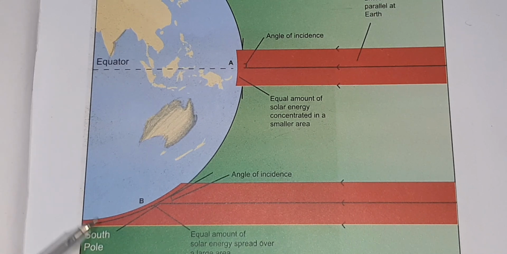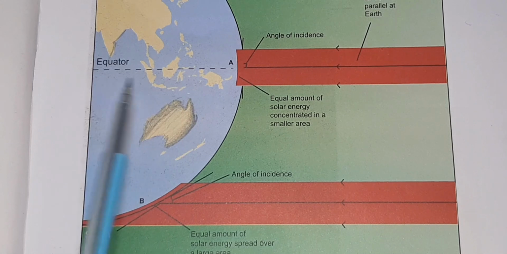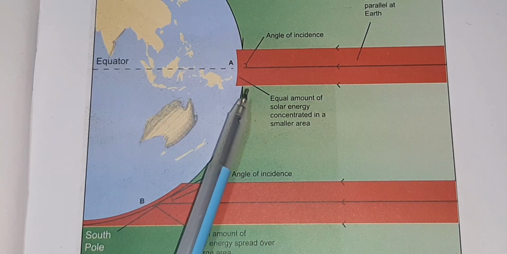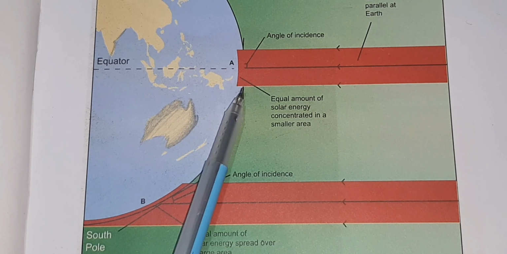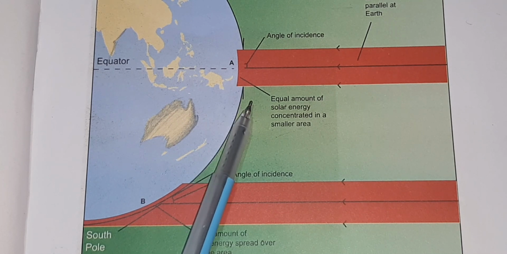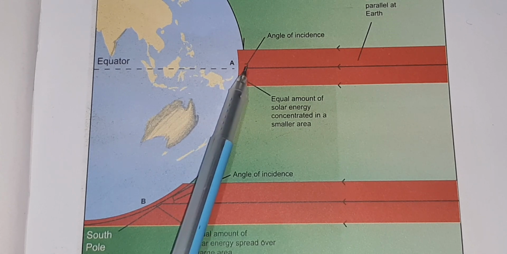So guys, here you see this is the equator. Here is the south pole and that side is the north pole. If you look closely, here an equal amount of solar energy is concentrated in a smaller area, and here are the angles of incidence.